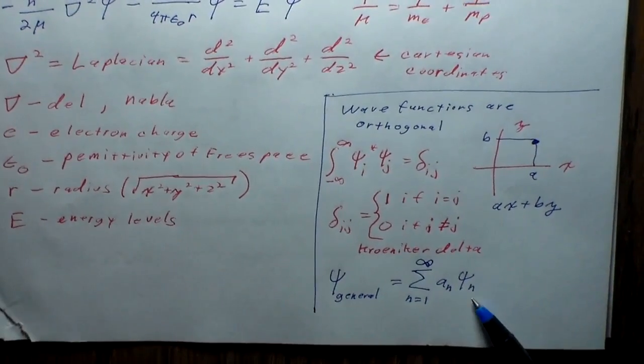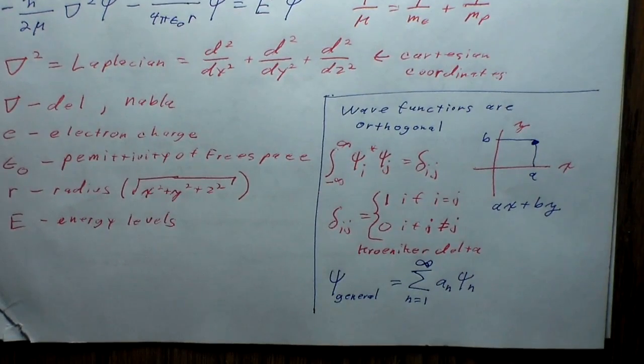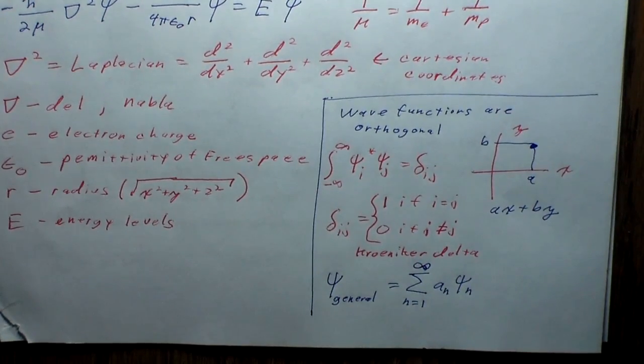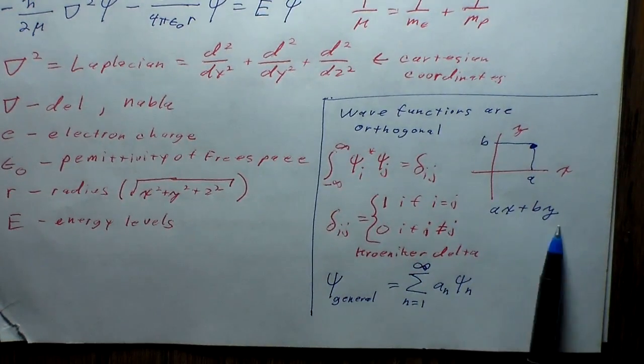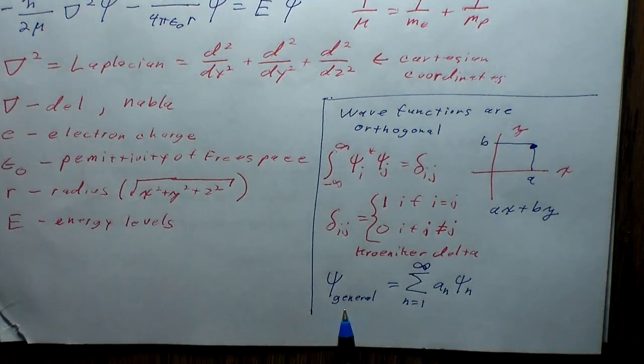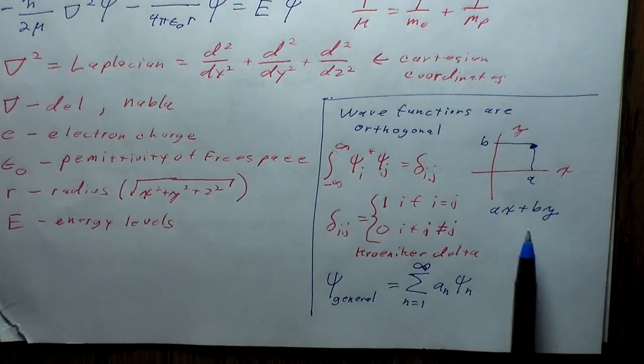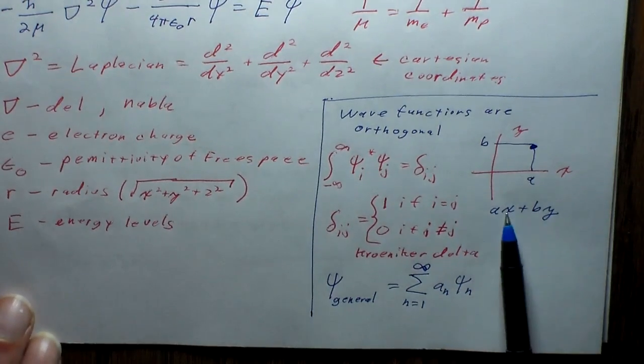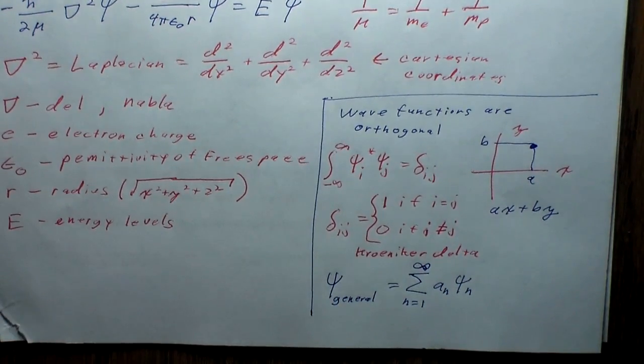These are all of your orthogonal wave functions, what they call a basis set of wave functions, multiplied by some constants, like your a and your b that we have here, and you just add up all these things and you get your generalized wave function. So you're taking your orthogonal wave functions, your x and your y, your z, your t, whatever, and adding them up to get a generalized wave function that can describe any point here.